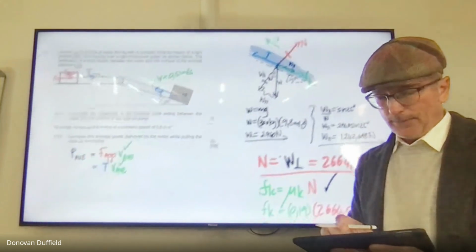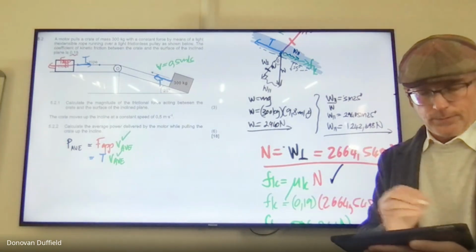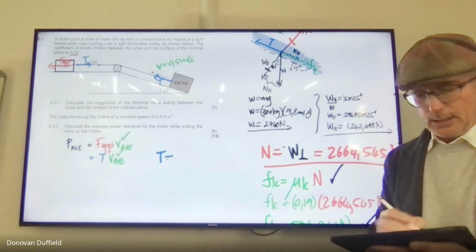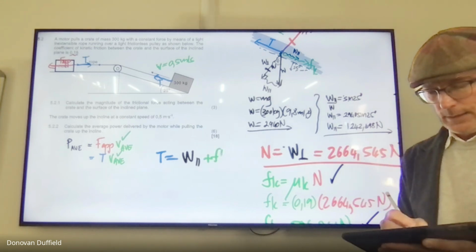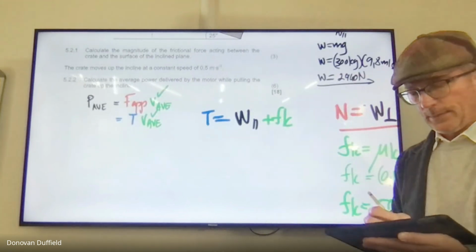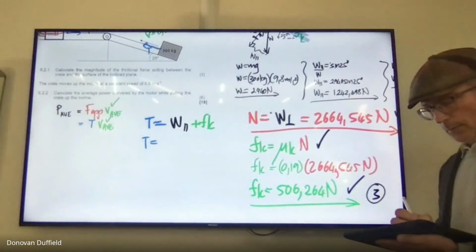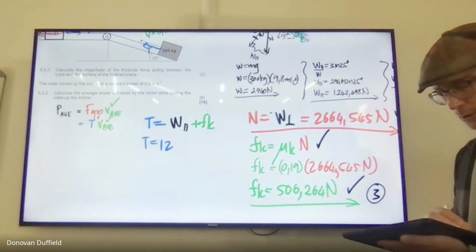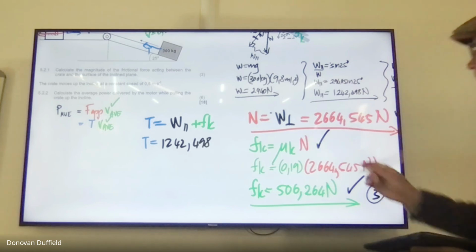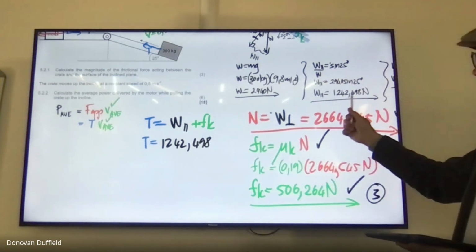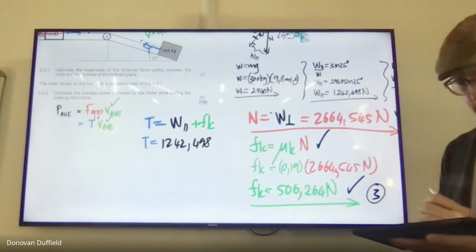So we can solve T separately. T equals W parallel plus Fk. Fortunately, we've worked out W parallel: 1,242,498. So the tension is going to equal 1,242,498 plus Fk.